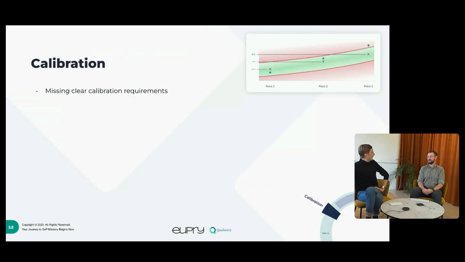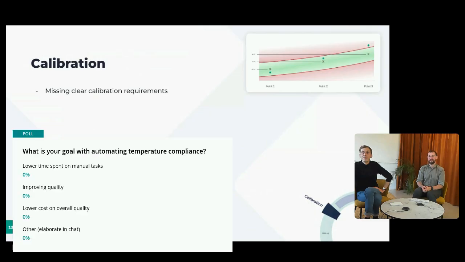Should we do a poll again? Yeah, absolutely. I think we have one more. Okay. So we'd love to ask you what your goal is in terms of automating your temperature compliance. What is it you're hoping to improve? What's driving you?